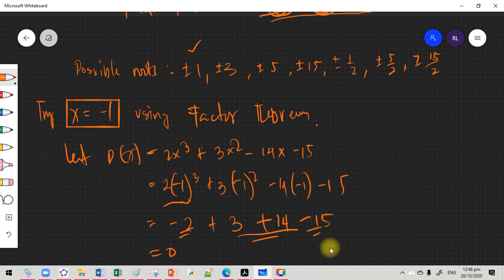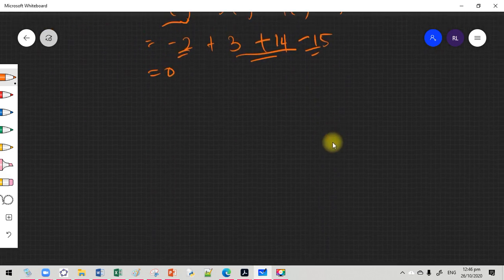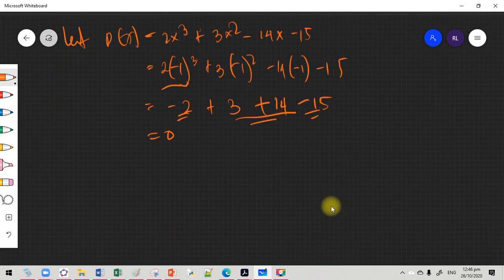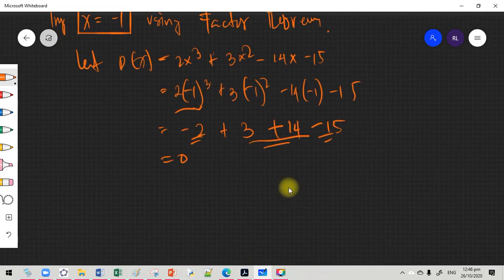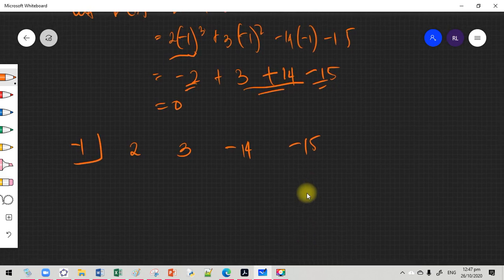So how do we find the other roots? Let's divide by x plus 1 using synthetic division, using our strategy in factoring polynomials. This is to get the remaining depressed equation. We expect that the remainder is 0.